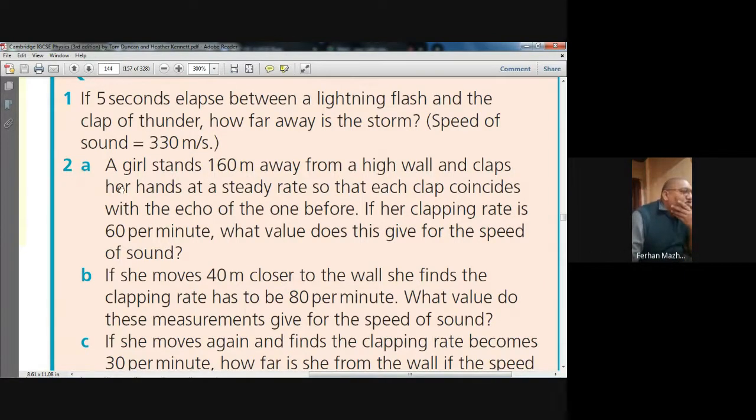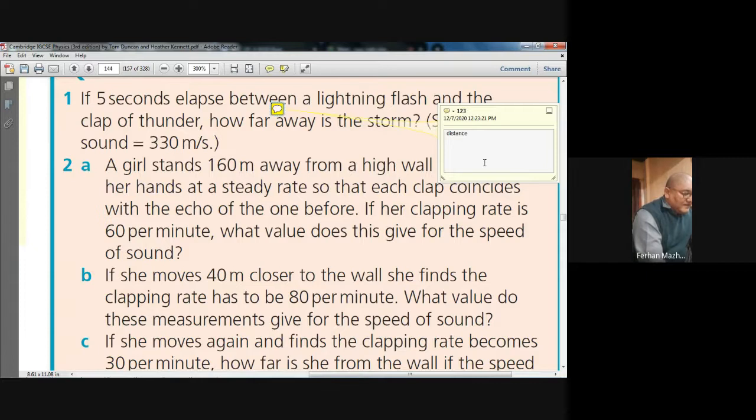Very easy question. You see how I will do this. You know the distance is equal to speed into time. What is the speed of sound? That is 330.